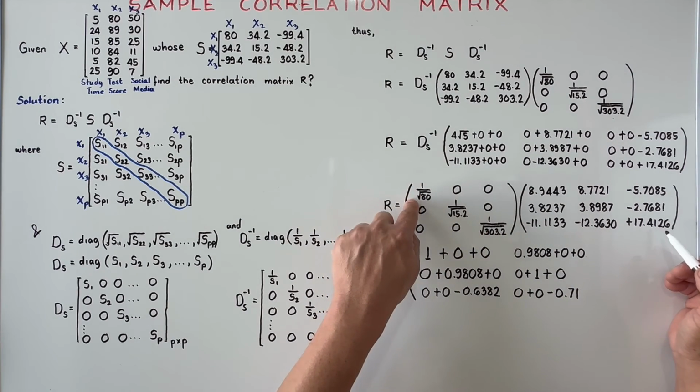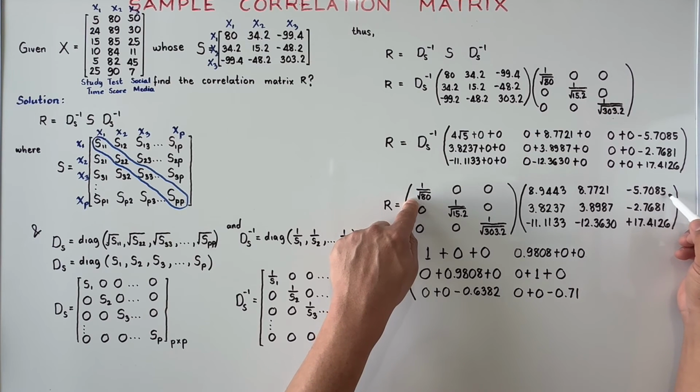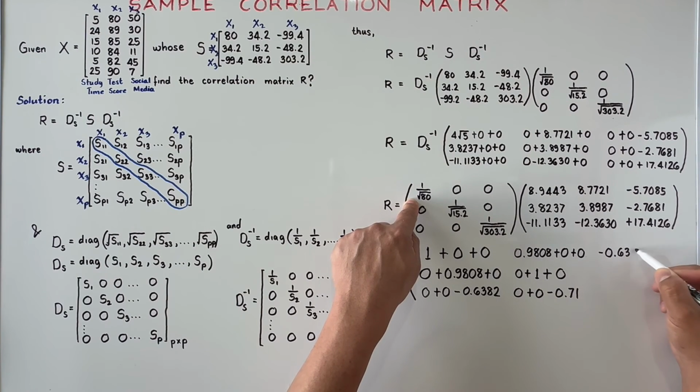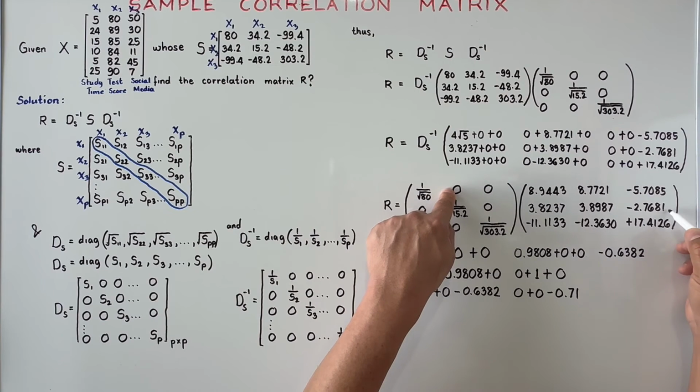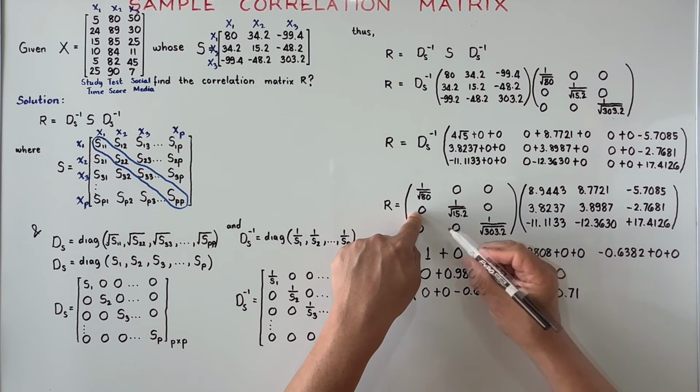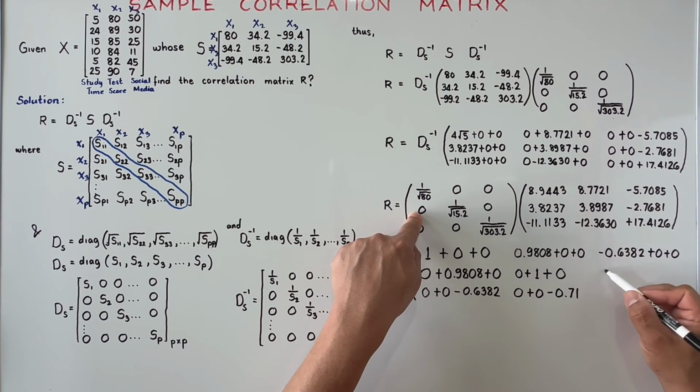And then multiplying again these 3 rows to the third column. So 1 over the square root of 80 times negative 5.7085, we have negative 0.6382. And then 0 times this number, 0. 0 times this number, 0. But 0 times this number is 0.